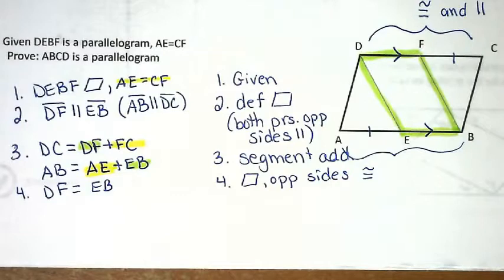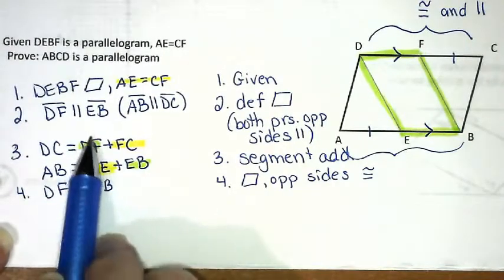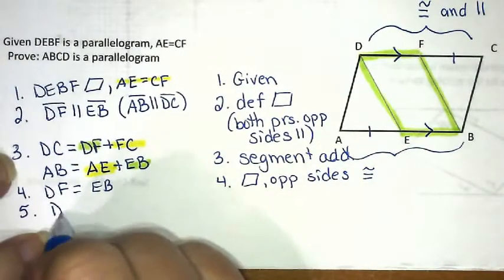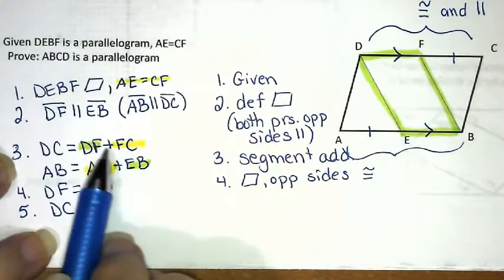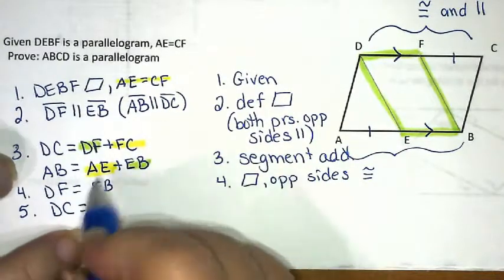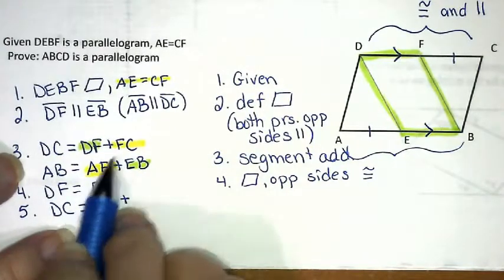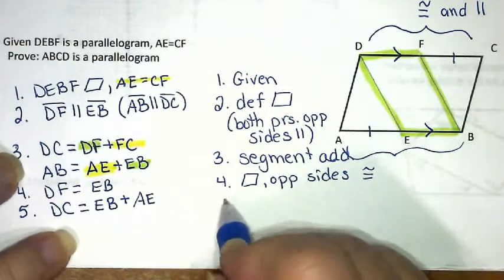All right, now we're going to use the magic of substitution. The yellow segments are equal and the green segments are equal. So I'm going to say that DC equals, I'm going to substitute EB in place of DF because they're the same thing. And I'm going to substitute AE for FC because they were equal.